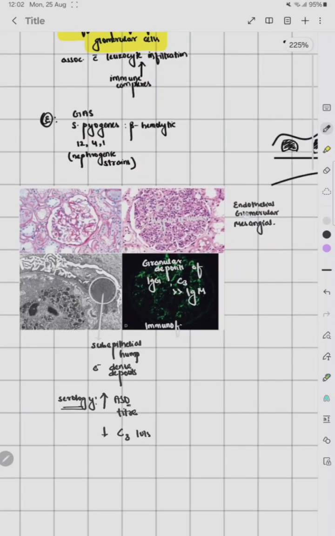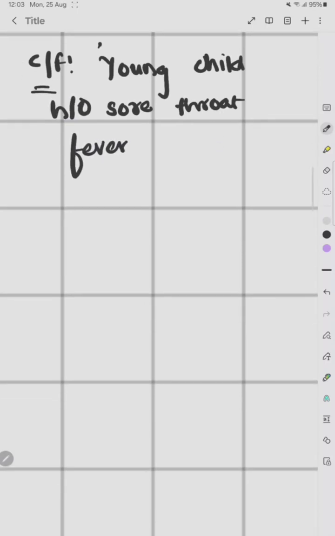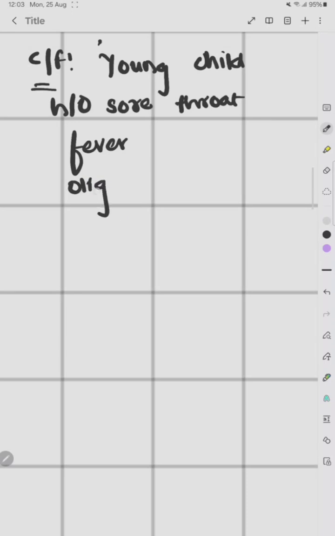A little about clinical features. First, it is almost always a young child. Not almost always, but it's most usually a young child with a sore throat, history of sore throat, fever, oliguria.